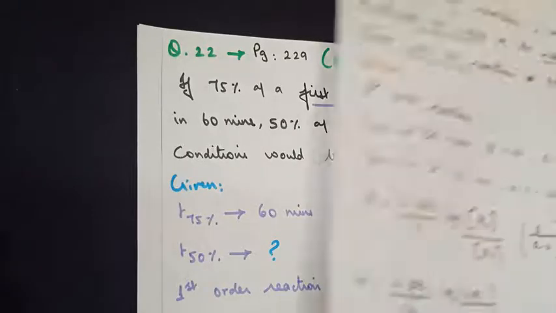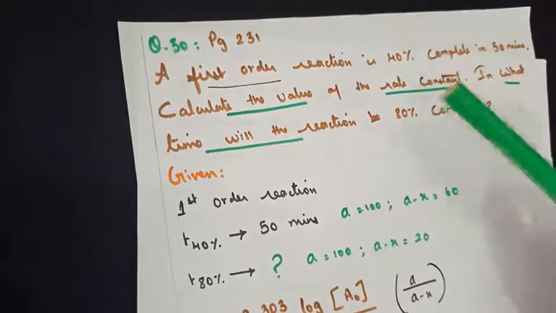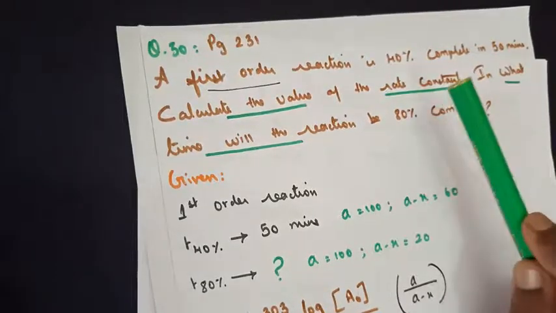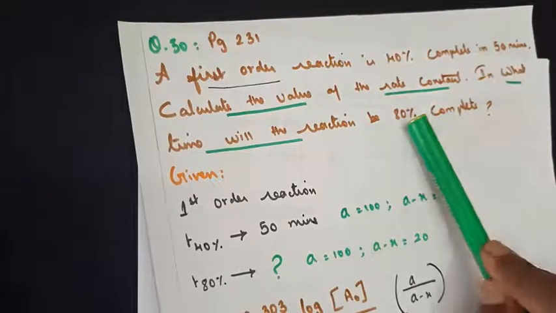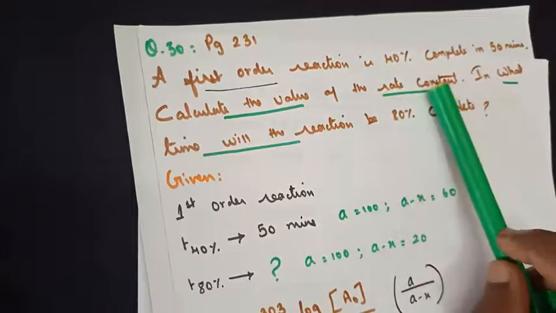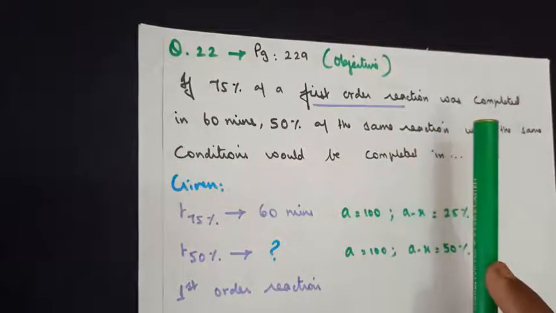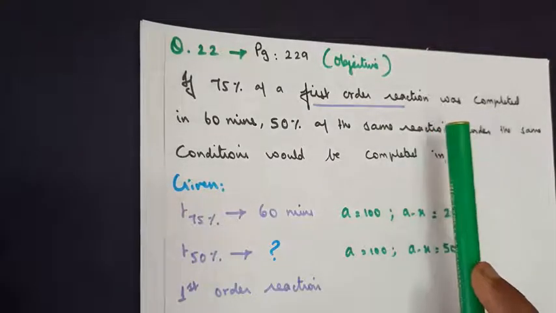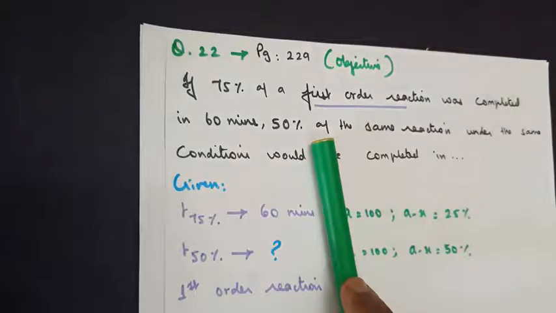In the previous question they clearly gave the two conditions, 40% completion and 80% completion. Here for one condition of completion they have given you the timing, and for the second one they are asking. Now in this question, they have not asked you to calculate the rate constant, but you have to calculate it first, and then for 50% we can calculate the timing.